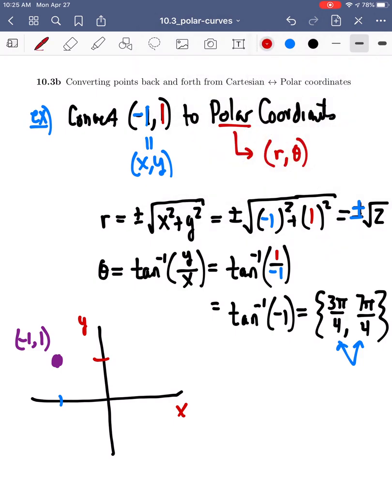So what we need then is, to say one choice, if we have, let's say, r equals square root of 2, we need an angle to point us into that second quadrant. And well, if we're taking the positive square root of 2, we need that 3 pi over 4 angle to land us into that second quadrant.